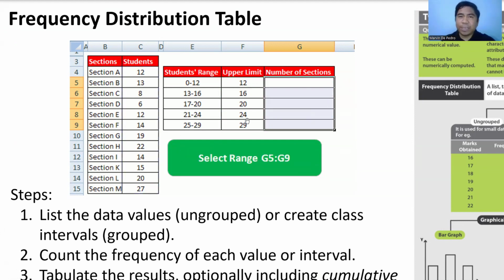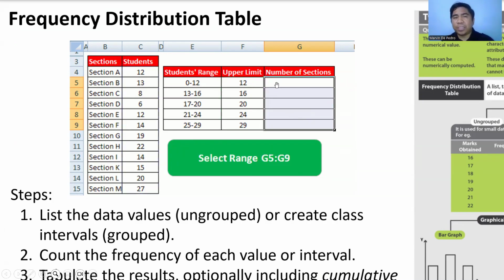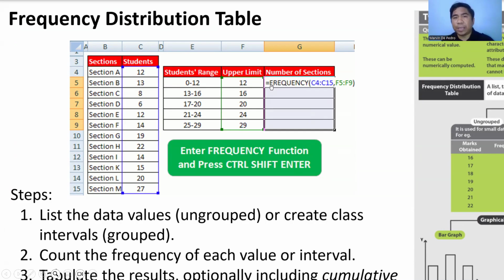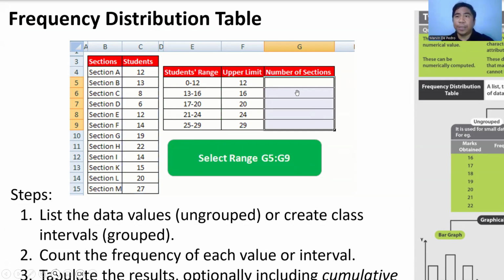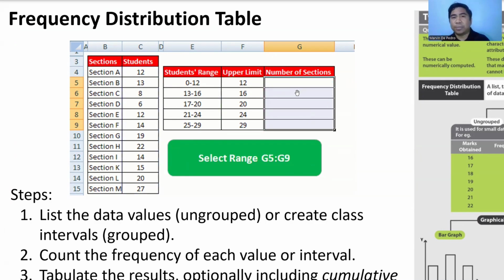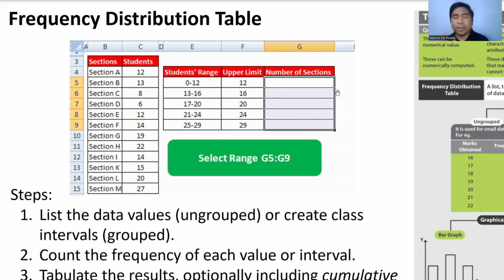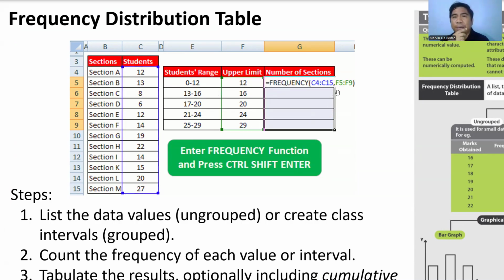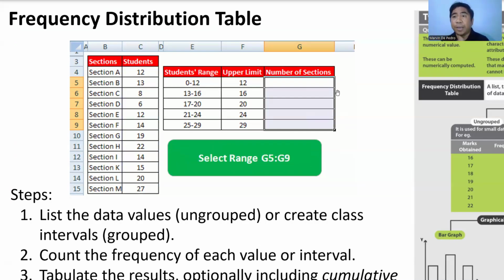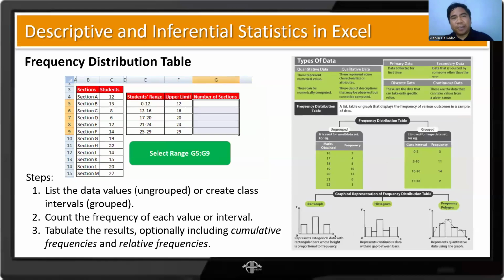As you can see, when we use a formula, we basically just type equal and then the keyword for our function to be used. Inside the function, we are inputting the parameters or the arguments. So that's basically how to create a frequency distribution.